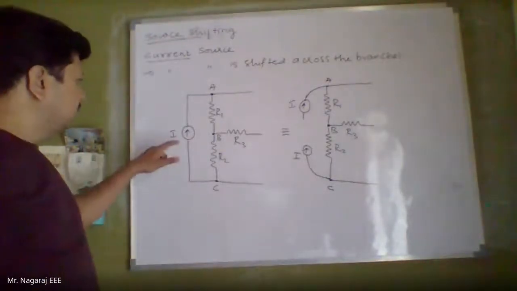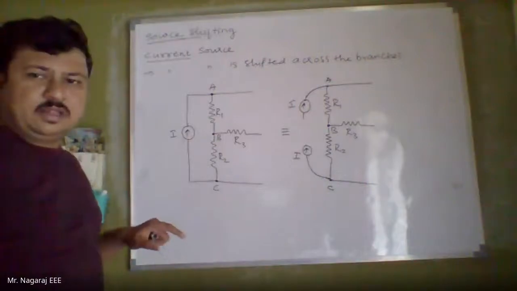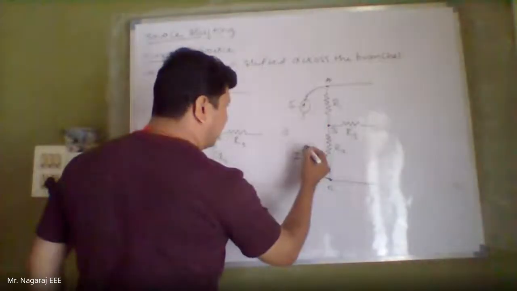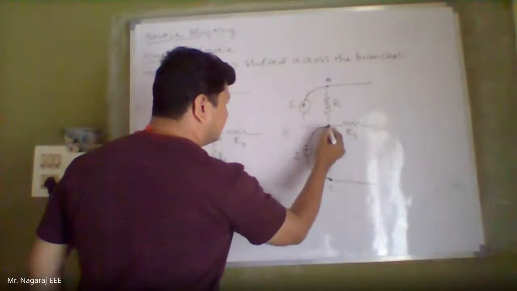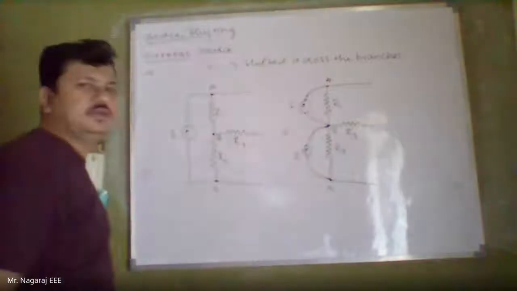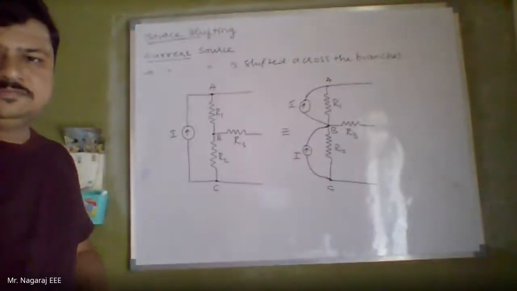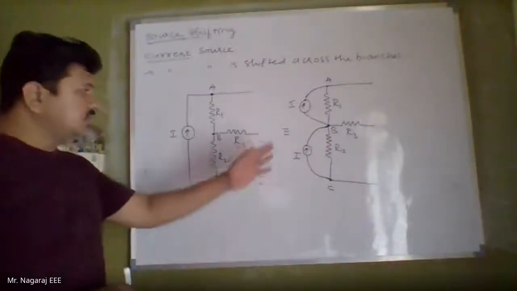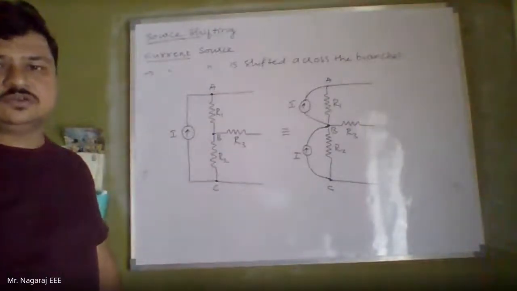Now, at node B, the contribution of current is 0. It means that this current I is entering at node B and leaving from there immediately. So this is how I have to shift the current source.